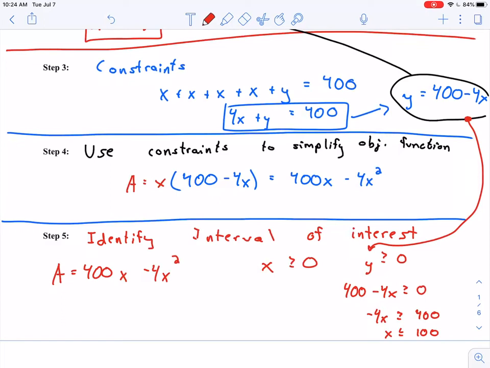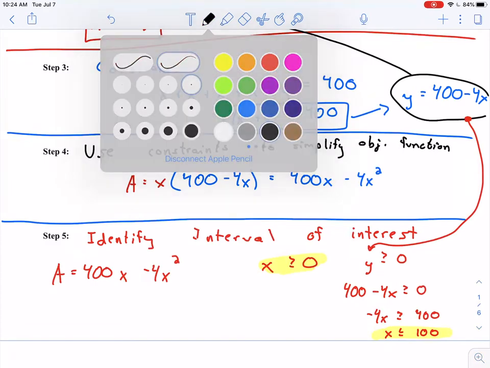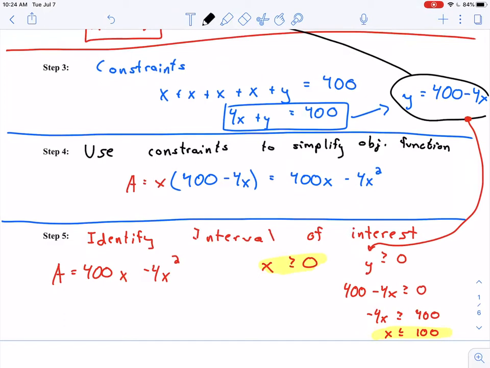So that means x should be greater than 0, but less than 100. Essentially, we would like to be between 0 and 100. So our interval of interest, also known as our domain, is 0 to 100.